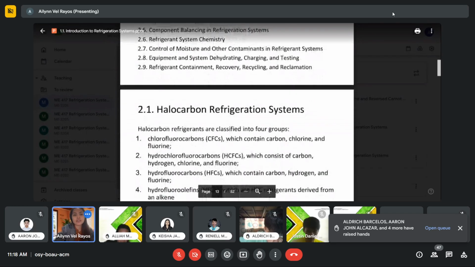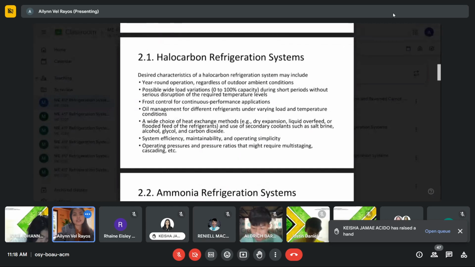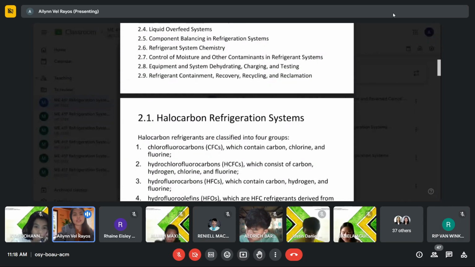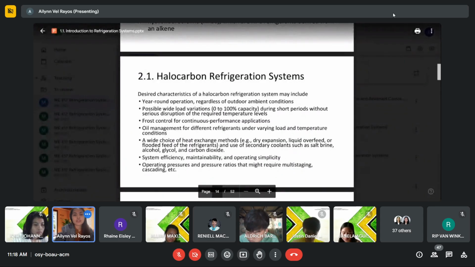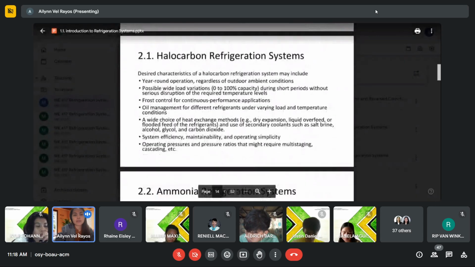Okay, next tayo. Ito ay kasama sa 10, 2.1. So, 11 na tayo. Naulit lang pala tong slide na to, 2.1. Okay. Pero magkaiba yung laman niya, kaya iba pa din to.